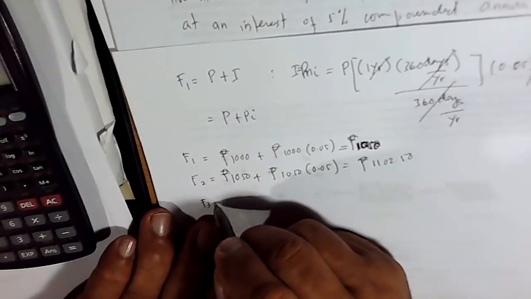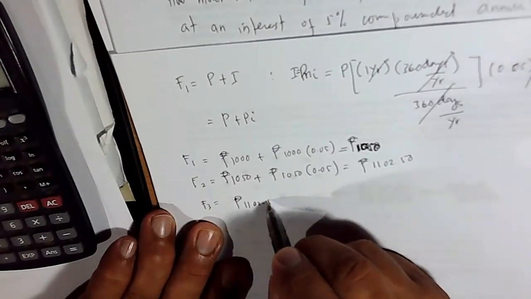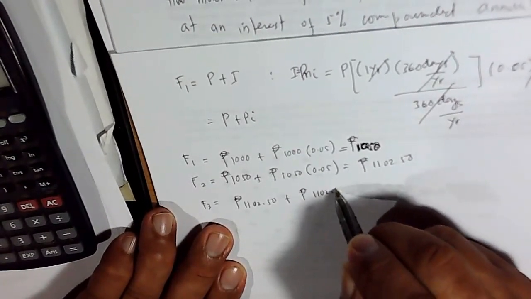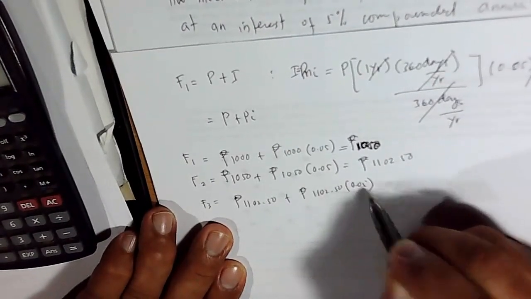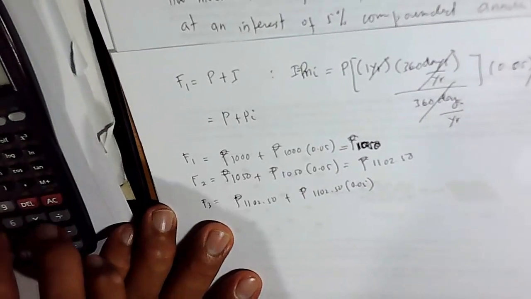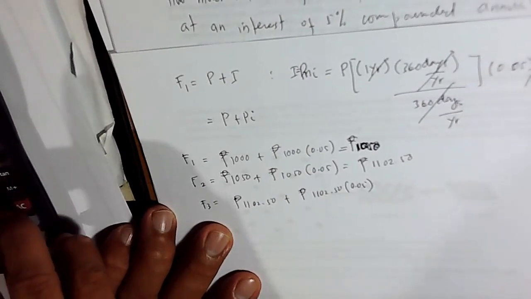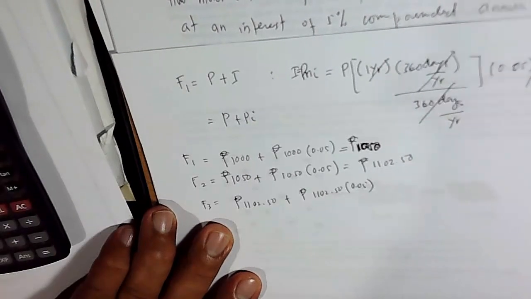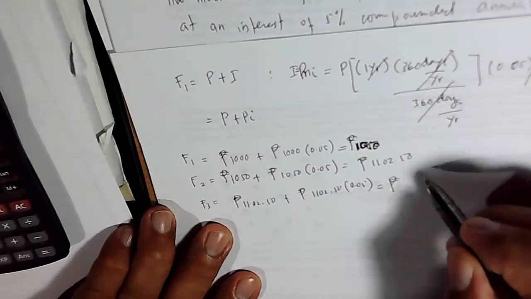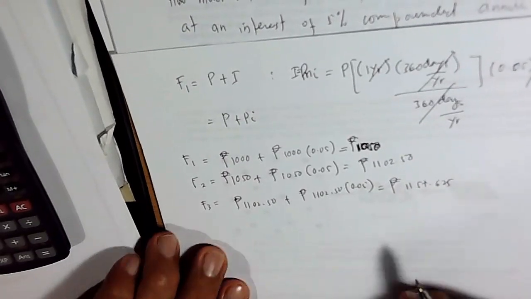Okay, for the third year we have this beginning principal of 1,102.50 plus the interest for the 1,102.50 at 0.05. Equal now to 1,157.625.